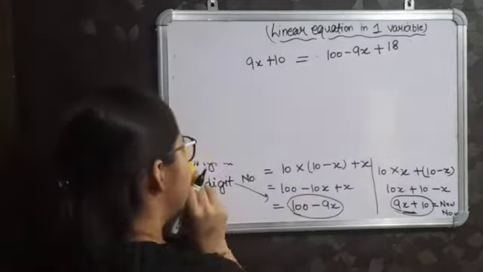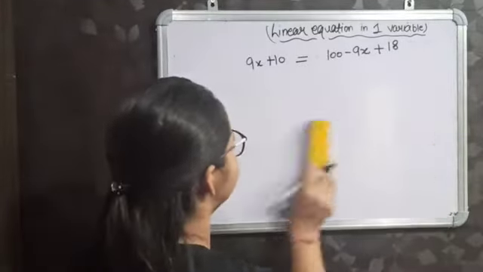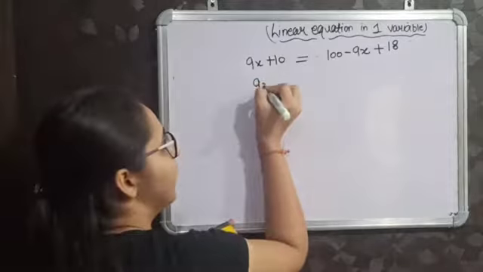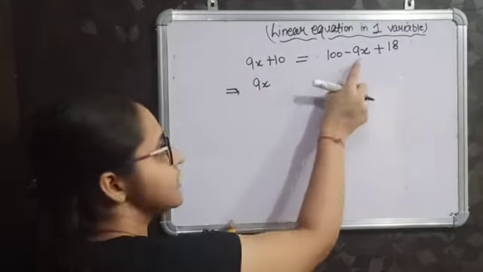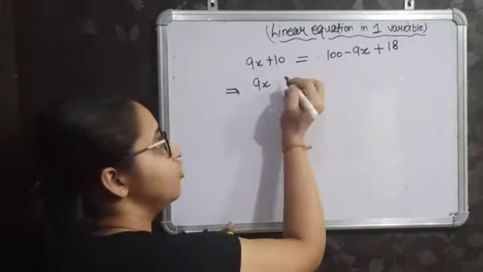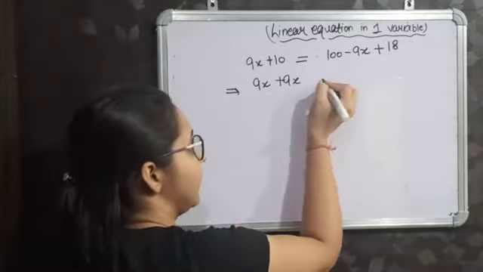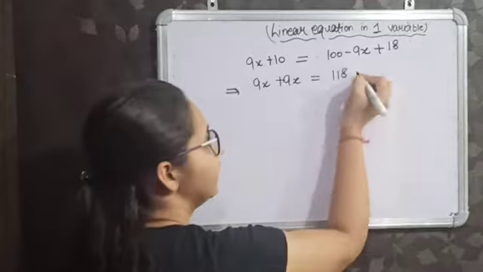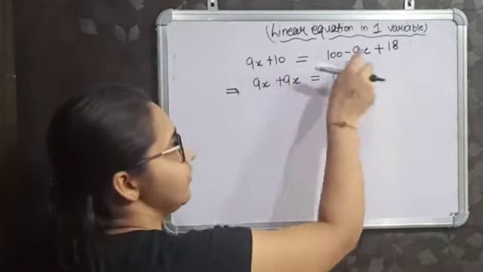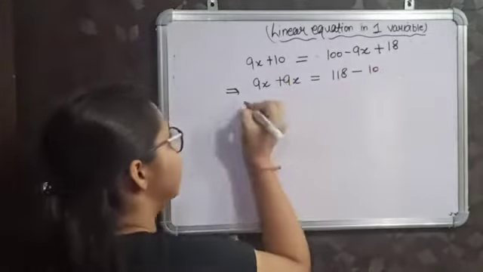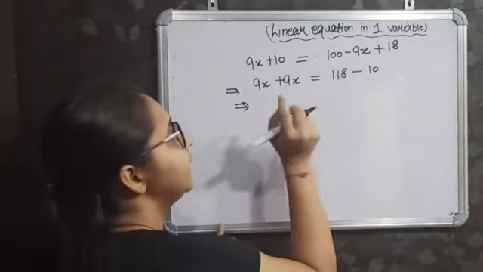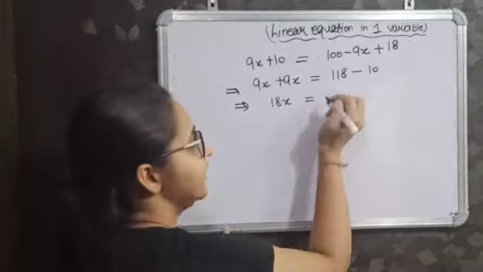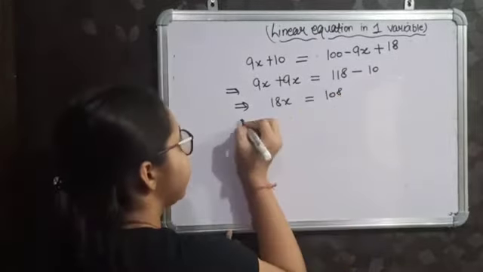Okay? Now solve this linear equation. This is a very simple linear equation. How will you solve? 9x as it is, and this 9x with minus sign will come to that side, is equal to 100 plus 18, 118 minus, and this 10 will come to that side with minus sign. 9 plus 9, 18x is equal to 118 minus 10 is 108.